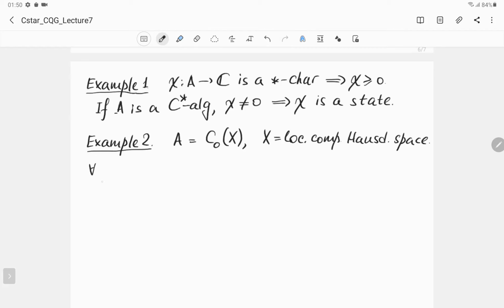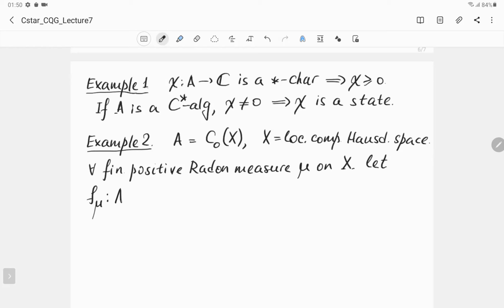So we take an arbitrary finite positive Radon measure, say mu, on X, and we define a functional f mu on our algebra to be the integral with respect to mu. So this is well defined because mu is finite.